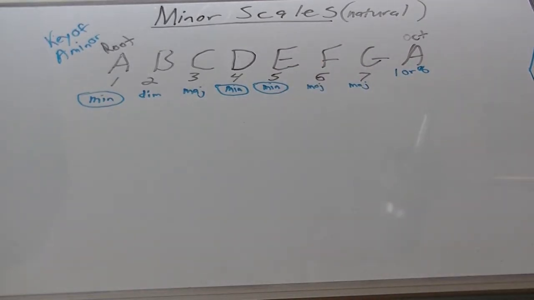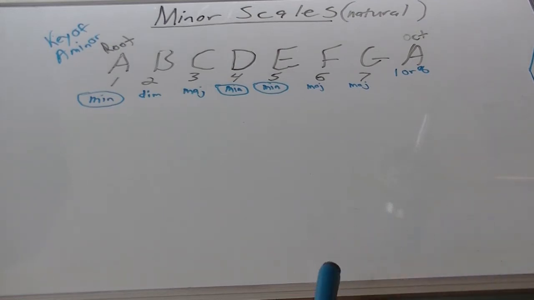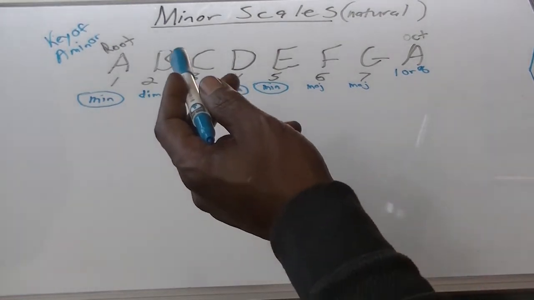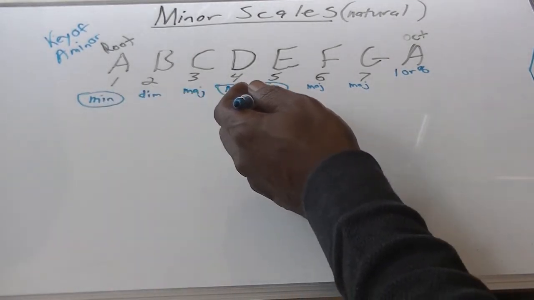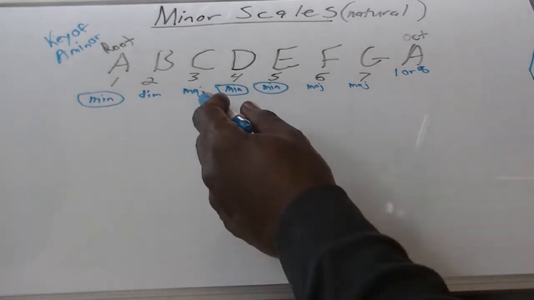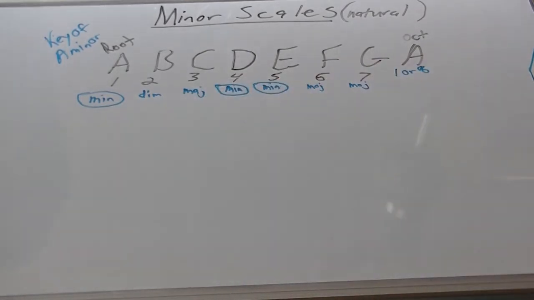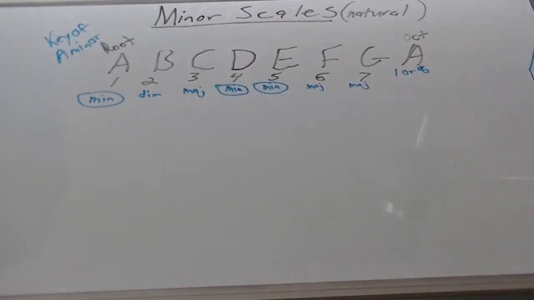So that's the first thing you want to sort of get around your head, is that when you're dealing with scale tone chords in a minor key, in this case, the key of A minor, the 1, 4, and 5 chords are now minor. And the 3, 6, and 7 chords are major. And the 2 chord is diminished.